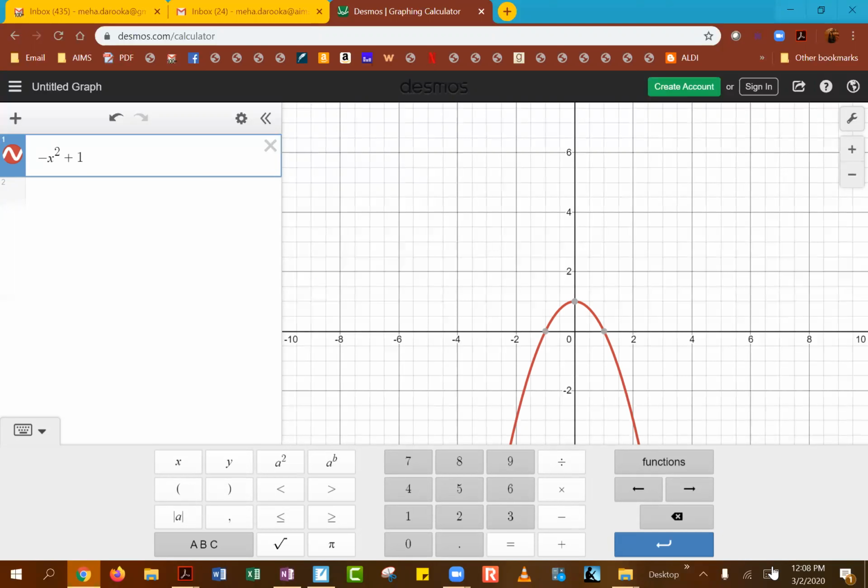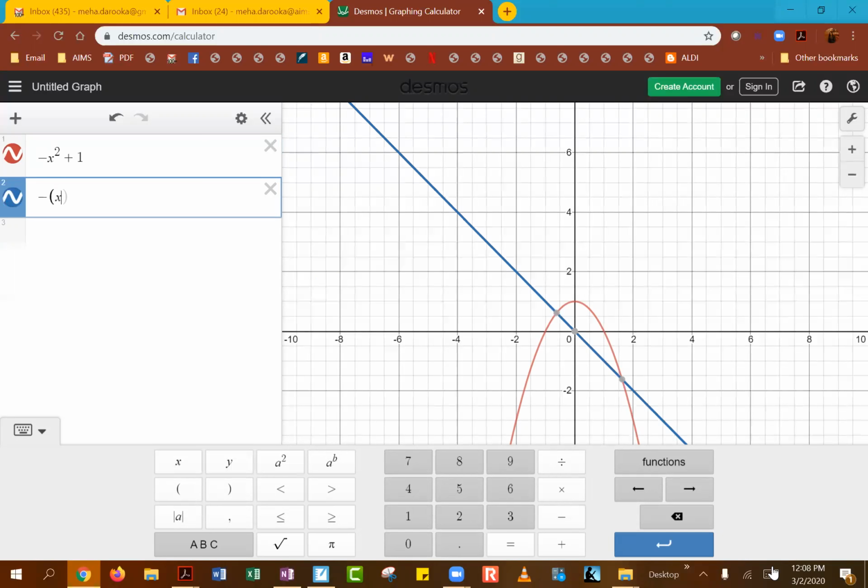But with the other function that we were talking about, that guy was negative on the outside. And then in parentheses, we had x squared plus 1. So this is where you actually moved it 1 unit up.